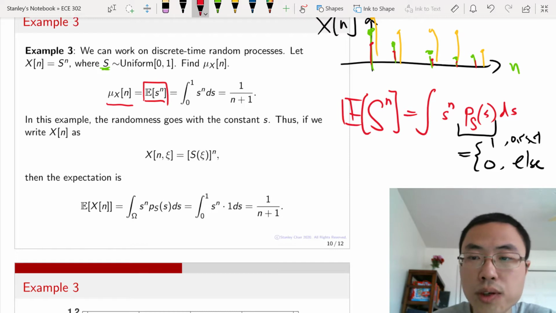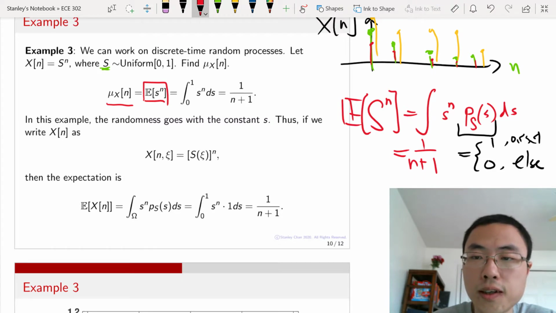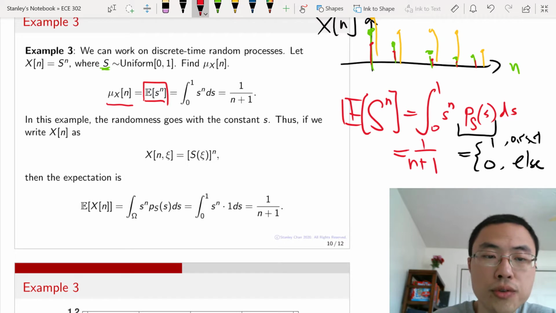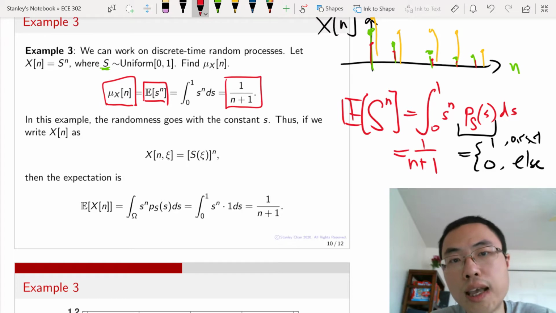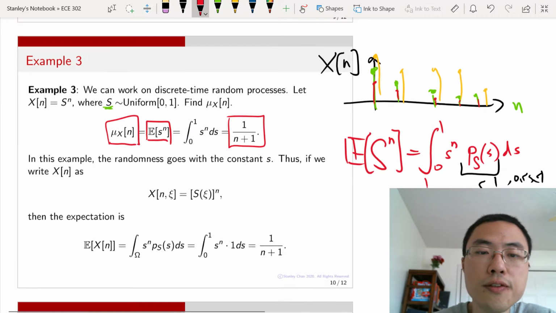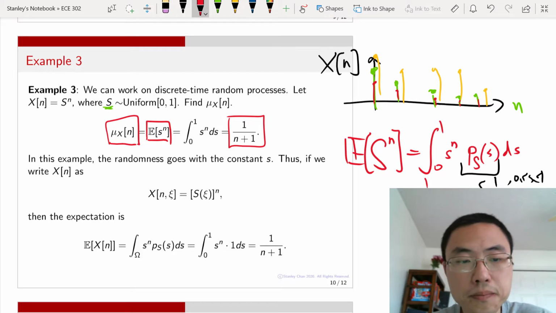And then that will give you what? That will give you 1 over n plus 1, where s is integrating from 0 to 1. So you see that this mean function mu x of n is given by 1 over n plus 1, and that means this mean function is a decaying function in terms of n.